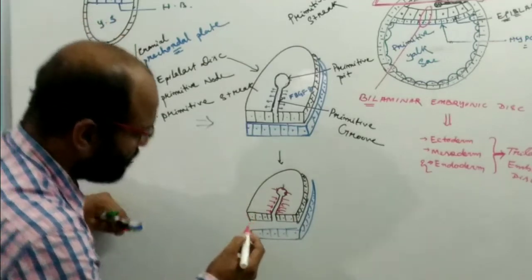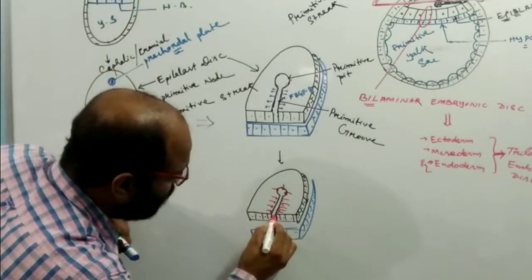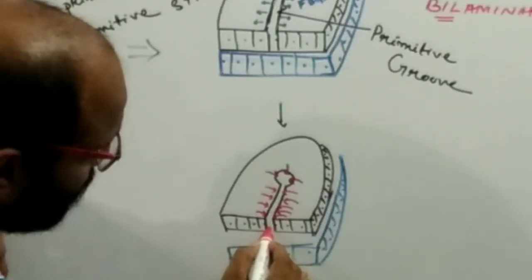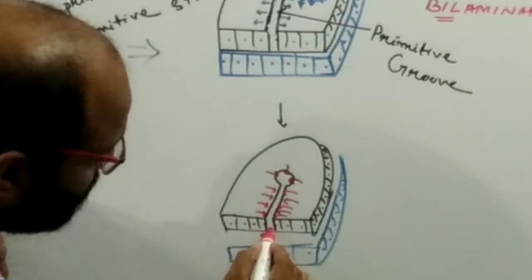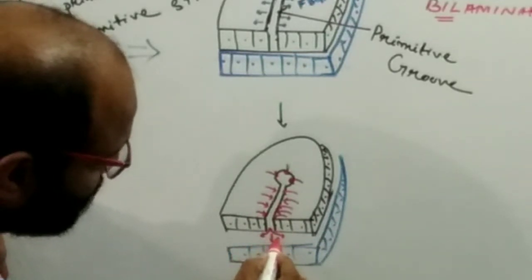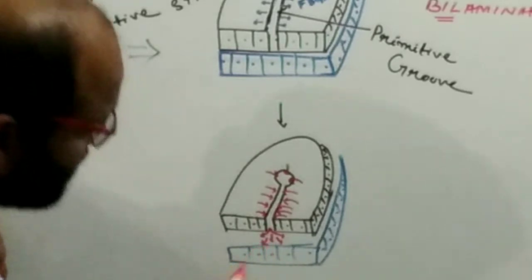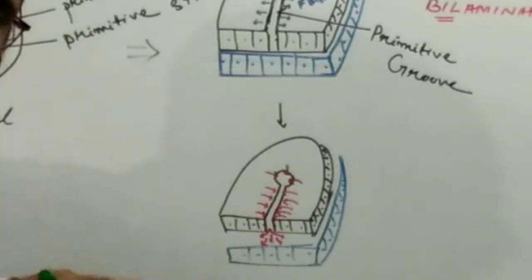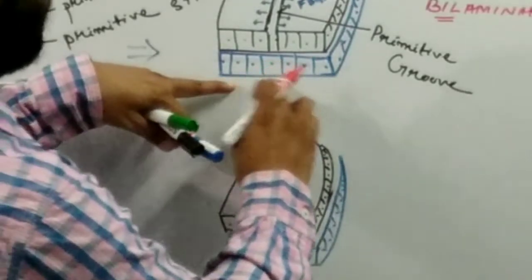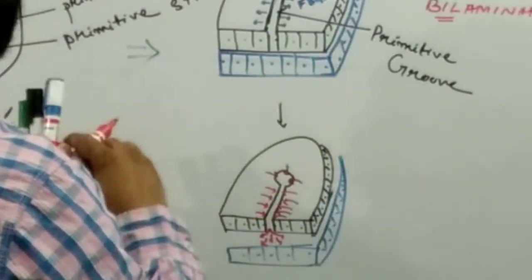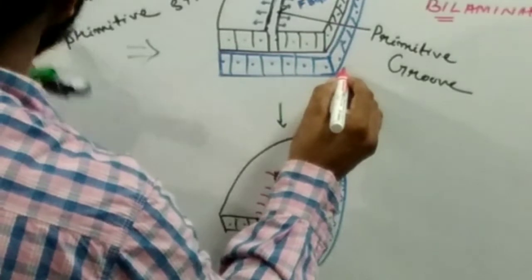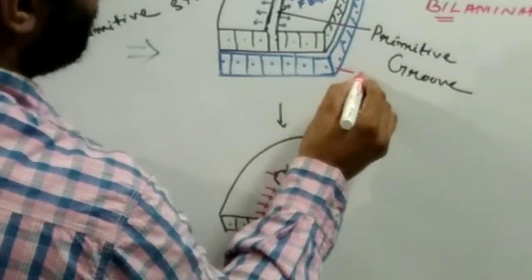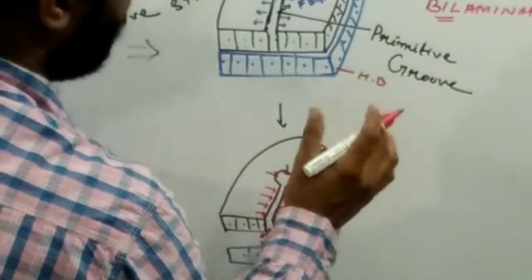Suppose that here the red color cells come to the ventral side. At the ventral side there are the hypoblast cells of the disc.